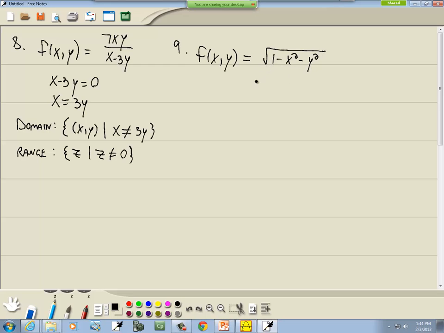So I'm going to take what's underneath there. So we've got 1 minus x squared minus y squared. And this cannot be negative, so we want that to be greater than or equal to 0. Now I'm going to take the negative x squared, negative y squared to the right side. So we've got 1 is greater than or equal to x squared plus y squared. And if I flip those around, we've got x squared plus y squared is less than or equal to 1.